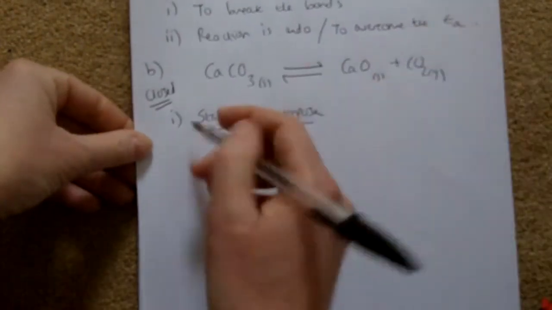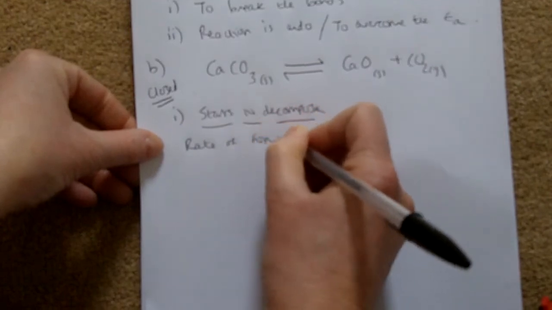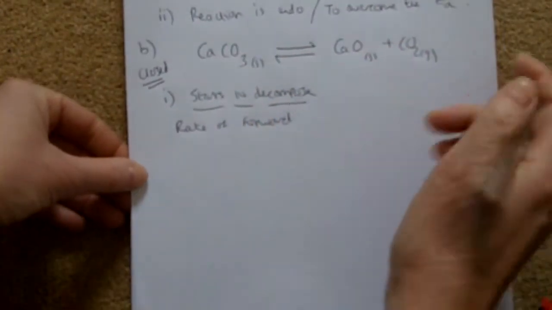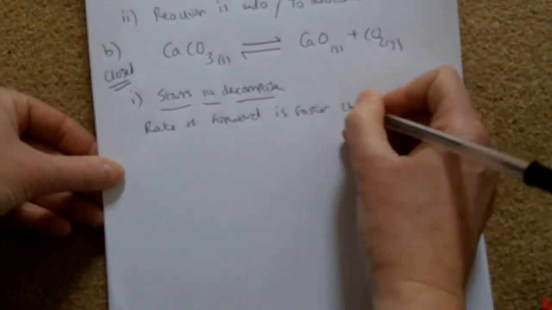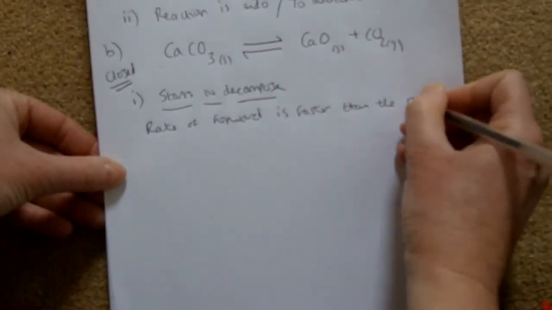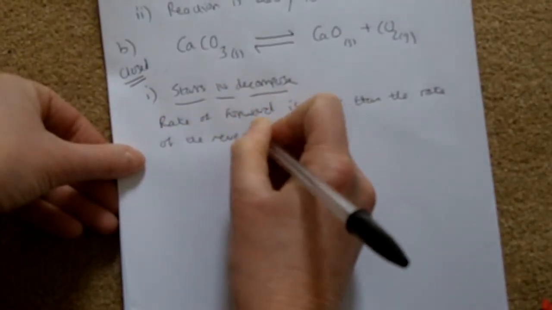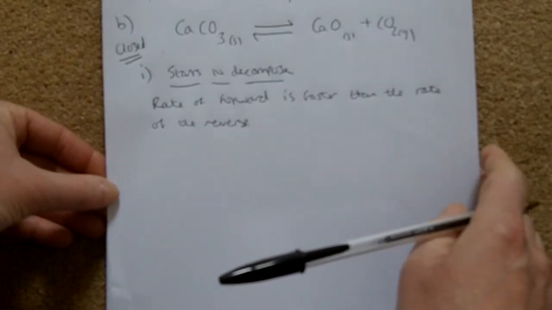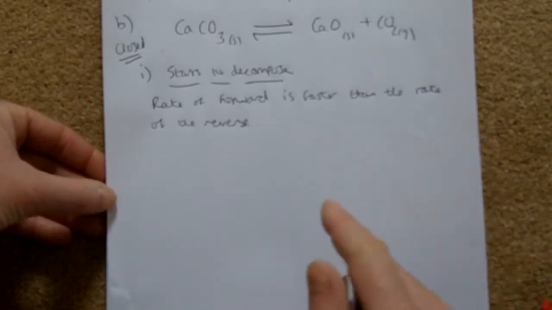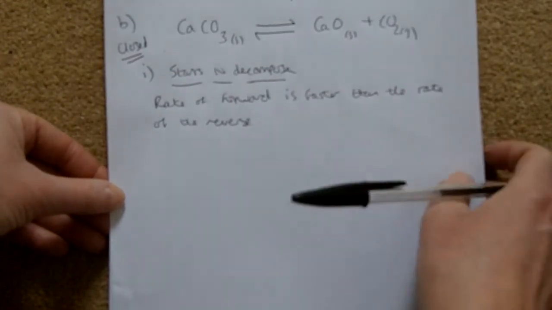So initially, the rate of the forward is going to be faster. It's faster than the rate of the reverse.